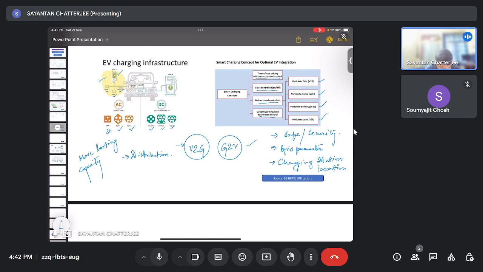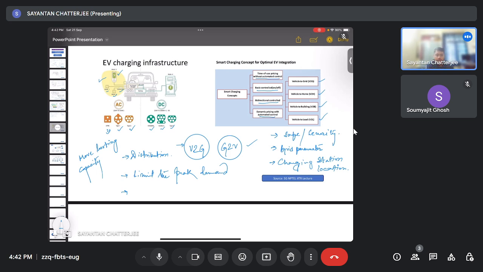So smart charging allows some benefits, like it can limit peak demand, and for building consumers, time of tariff or time of use pricing.